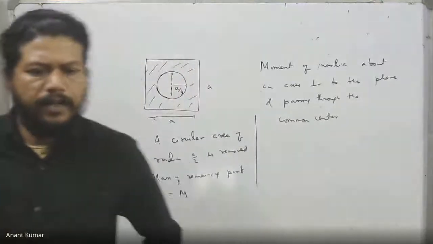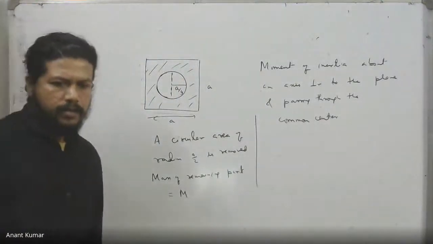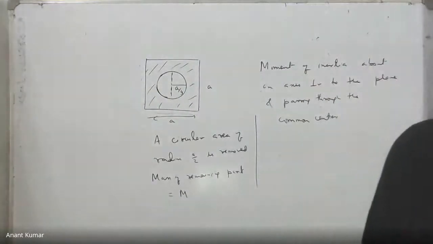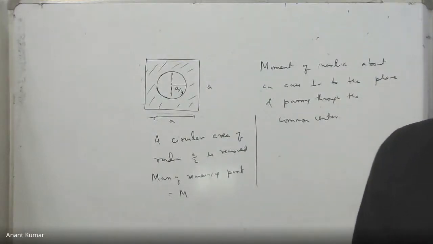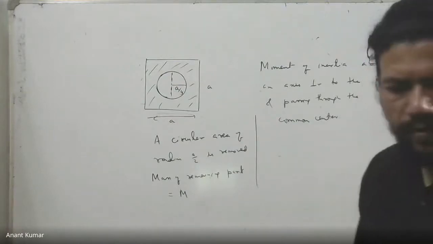Ma square by 96. Interesting. Pi will not appear. M is the mass of the remaining part, Rahul. I don't think that pi should appear because we have a circle to be considered somewhere. Well, I may be wrong.